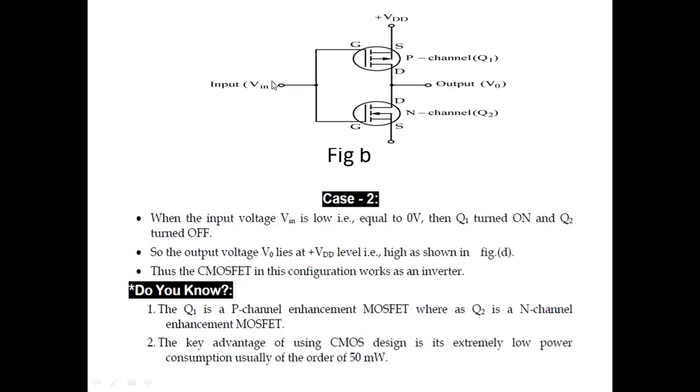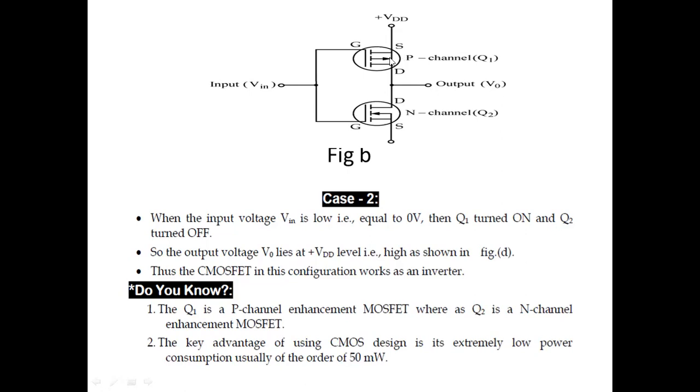In this way, if we give low input, you will get high output. If you give high input, you will get low output. That means you get an inverted output. Whatever the input we are giving here, the inverted output you will get across the output terminal.